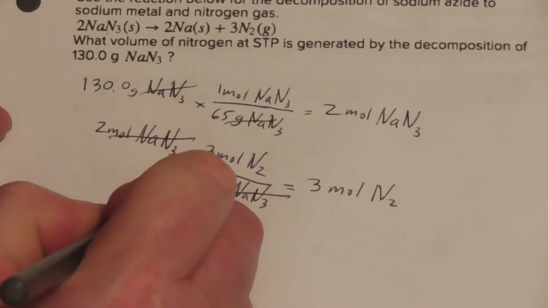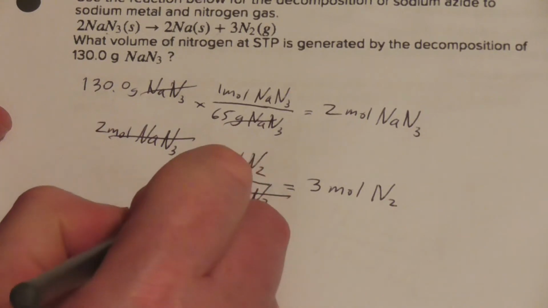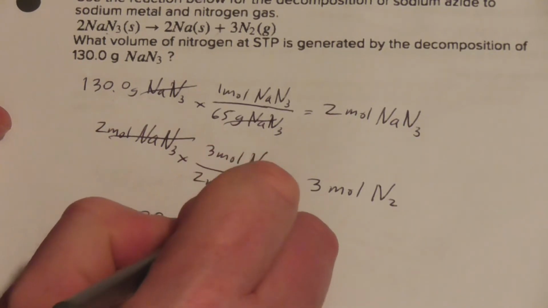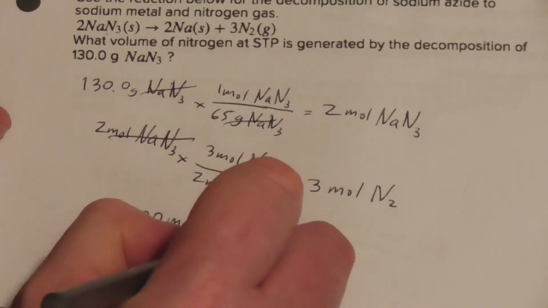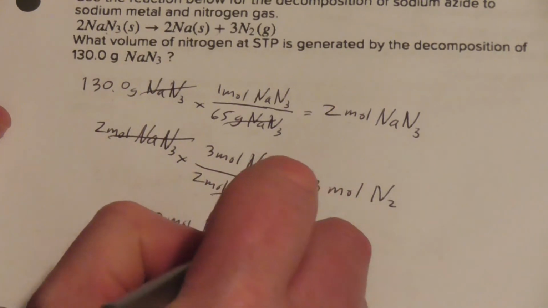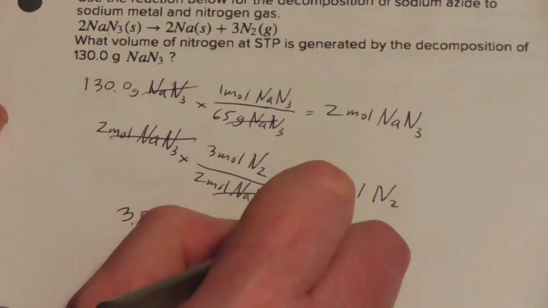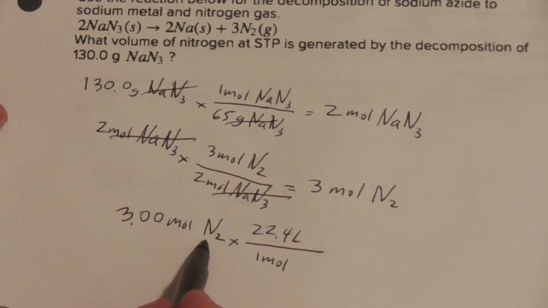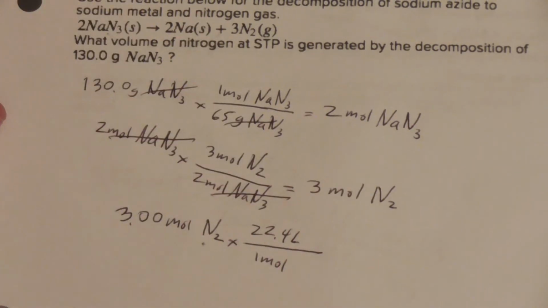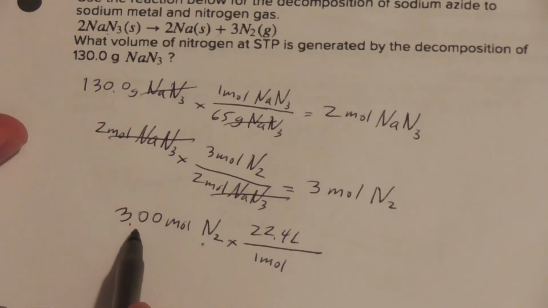Well, I have 3.00 moles of nitrogen. I multiply that by 22.4 liters. I hope we know nitrogen is a gas. It's all around us. 79% of our atmosphere is nitrogen. So 3 moles of nitrogen. This way, 1 mole occupies 22.4 liters.